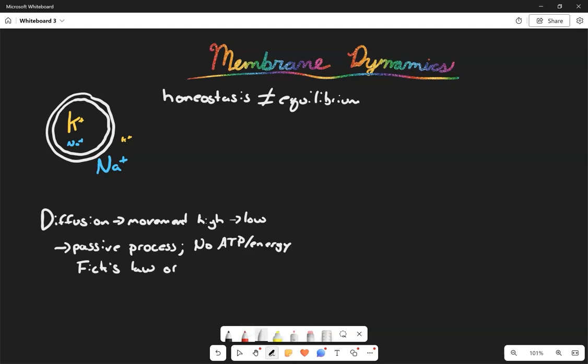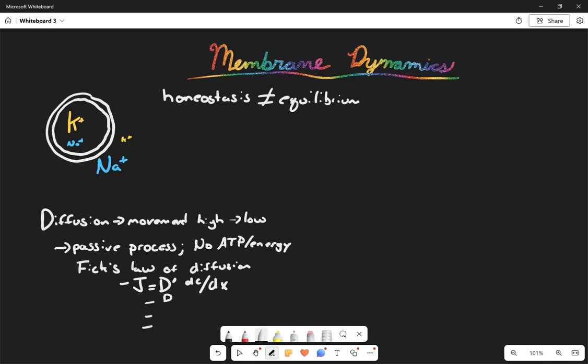And diffusion follows what we refer to as Fick's law of diffusion, right? And if you haven't seen Fick's law of diffusion, there is a formula for it. J equals D times dC over dx, right? And so what this really means is that the rate of diffusion is dependent upon a few things, okay?